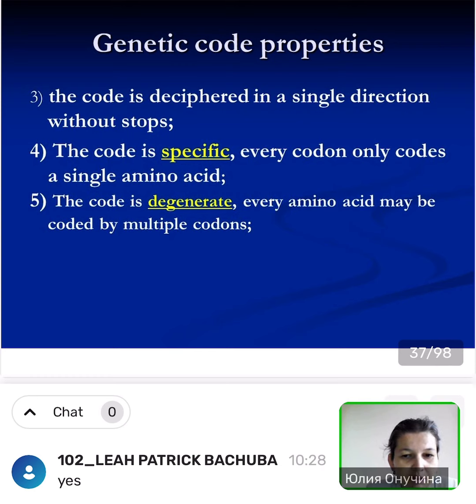But amino acids may be encoded by multiple codons. This protects our DNA from mutations. When one nucleotide is changed, we may have the same amino acid, because of this degenerate characteristic. Is it clear?